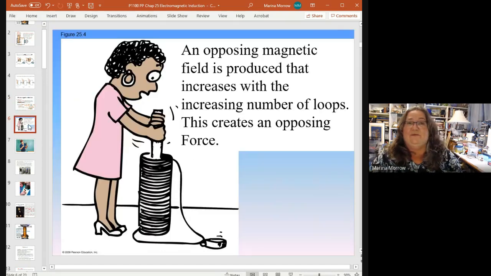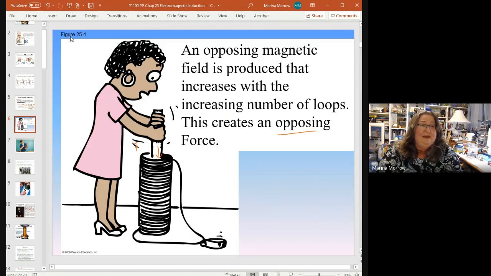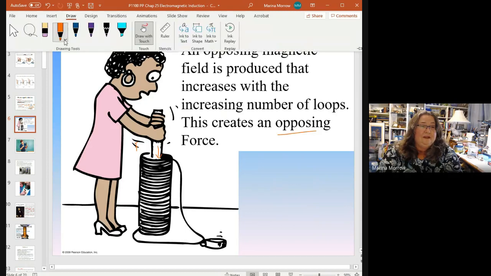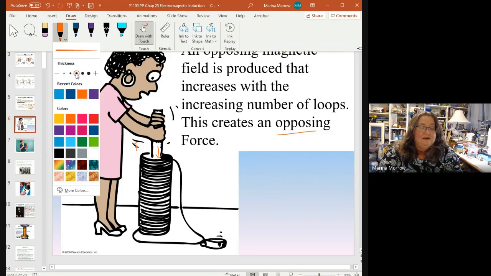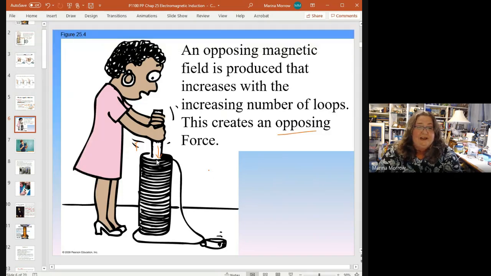Now, as I said, there's no free lunch in physics. So when you are pushing that magnet in, you have to use a force. Even though you think you can just drop it here, you had to pick it up, so you did work against gravity, giving it potential energy. As it goes in, there actually is an opposing force, because the magnet, as you push it in, is creating a current in the coil.